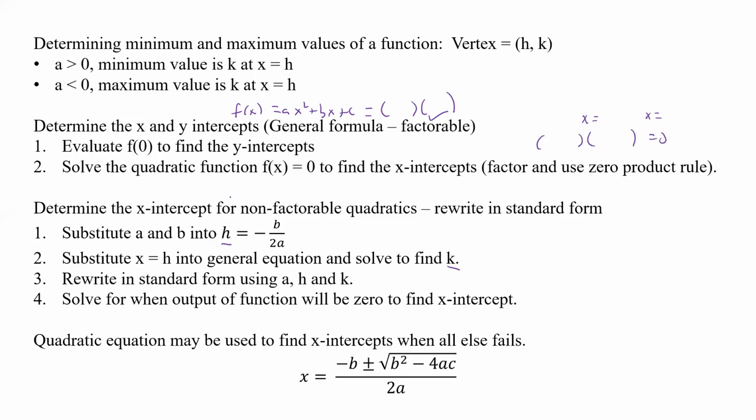In this one, we started with f of x equals ax squared plus bx plus c, and then we went to a new function, let's call it g of x, equal to a times x minus h squared plus k. Then we solved for when the function will be 0, and we could figure out the x-intercept from there. Or we just plugged a, b, and c into our function here, and we get that.